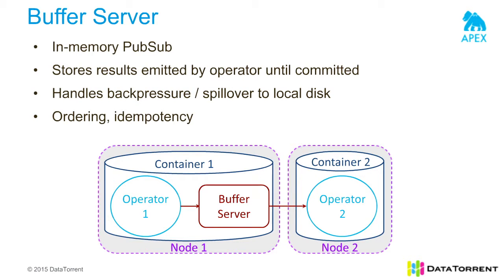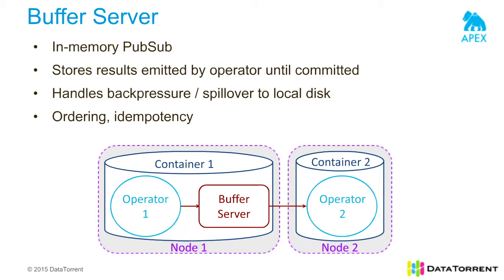The buffer server plays an important role for streaming the data between 2 processes, but also for the recovery. It's an in-memory pub-sub mechanism. Publishers send data to the buffer server and subscribers receive it. The publisher is the operator that produces data, that emits data tuples, and the subscriber is the operator that receives the data tuples and does some processing and then maybe emits it again to another buffer server.